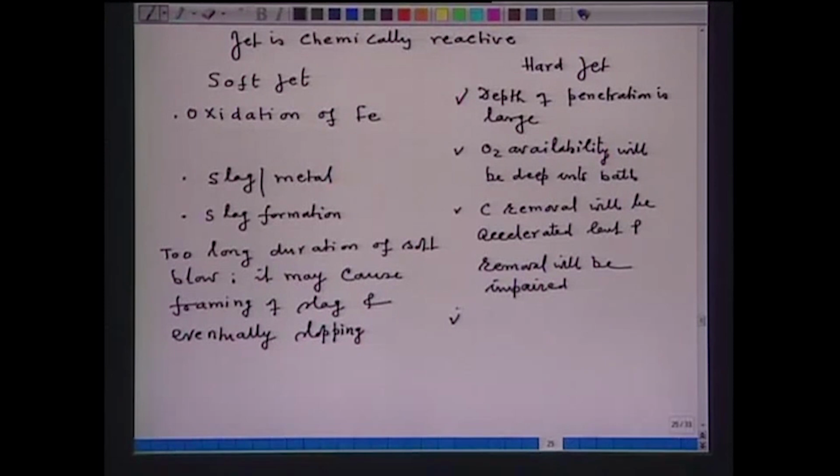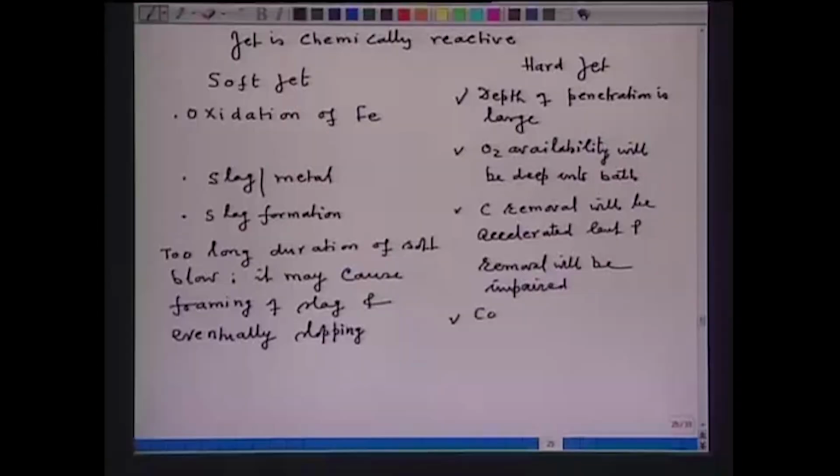Another important feature of this hard jet is that since carbon monoxide evolves deeper into the bath, there is better circulation in the bath as long as CO is being produced. So, that means CO evolution deep into the bath, which will create good agitation conditions in the bath.